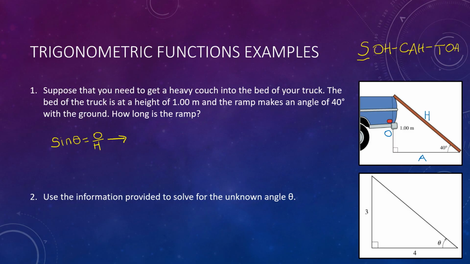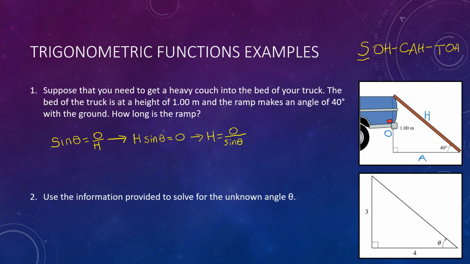I multiply the h to the other side: h times sine of theta is equal to opposite. Now we want h on its own, so we divide the sine to the other side. We'll be left with our hypotenuse, what we're looking for, is equal to the opposite side divided by the sine of our angle theta.